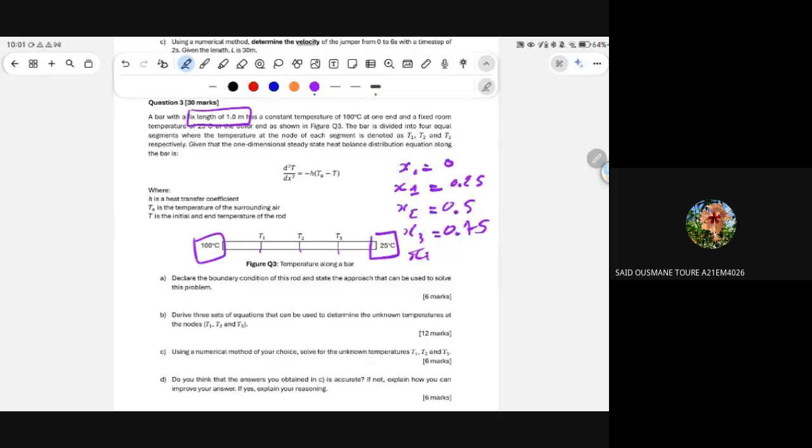And x4 equals 1. Is it clear? x0, 1, 2, 3, and 4, all in meters. Clear or not? For the x.